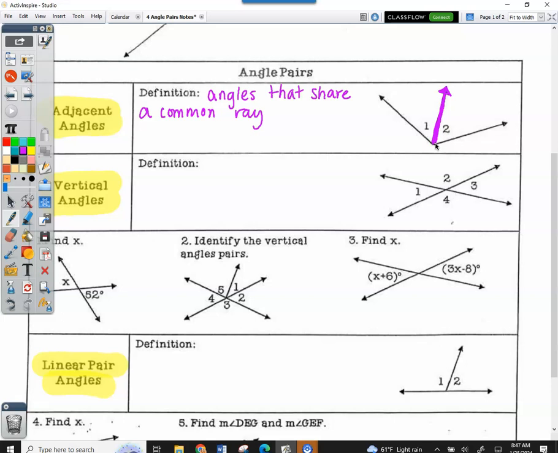Now, vertical. This is one you definitely hear a lot. Here we go. It is angles, or angle pairs, formed by 2 intersecting lines. Angle pairs formed by intersecting lines.